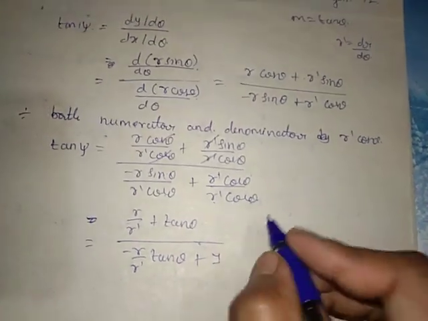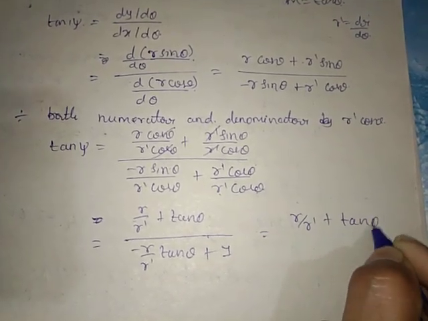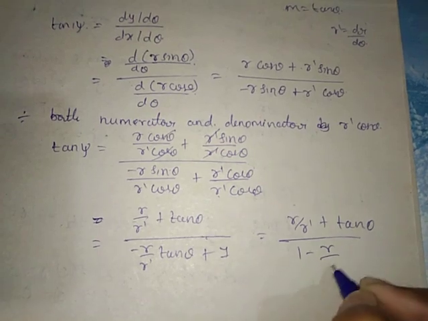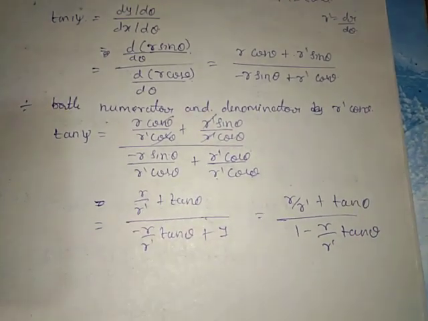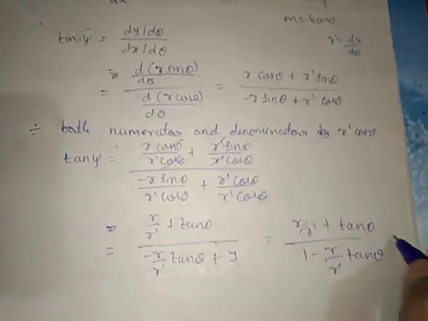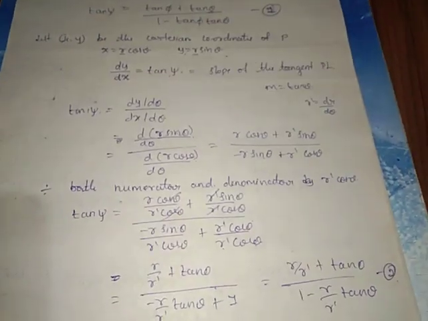So we can write it as r by r dash plus tan theta divided by 1 minus r by r dash into tan theta. Consider this as equation 2.